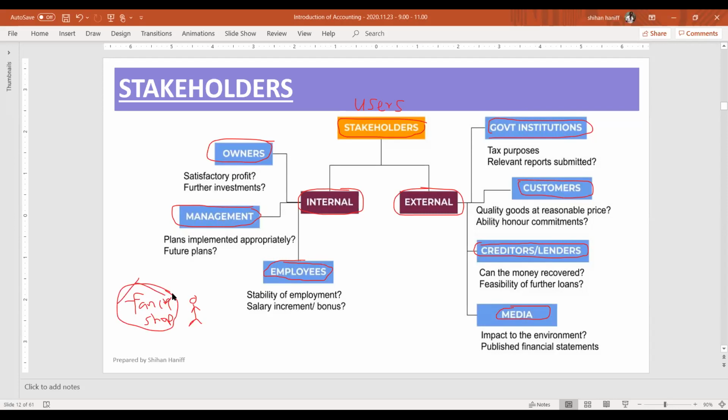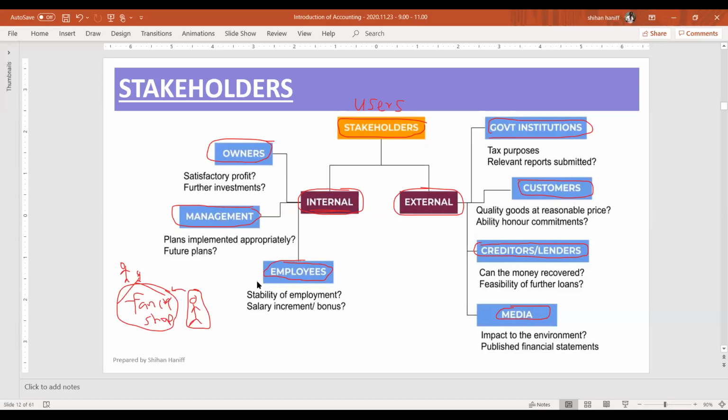So who are the internal stakeholders within this fancy shop? There is an owner who invests and starts this business. The owner and the management. There can be a manager who works in this fancy shop, and the employees. So they are within the business, internal stakeholders.